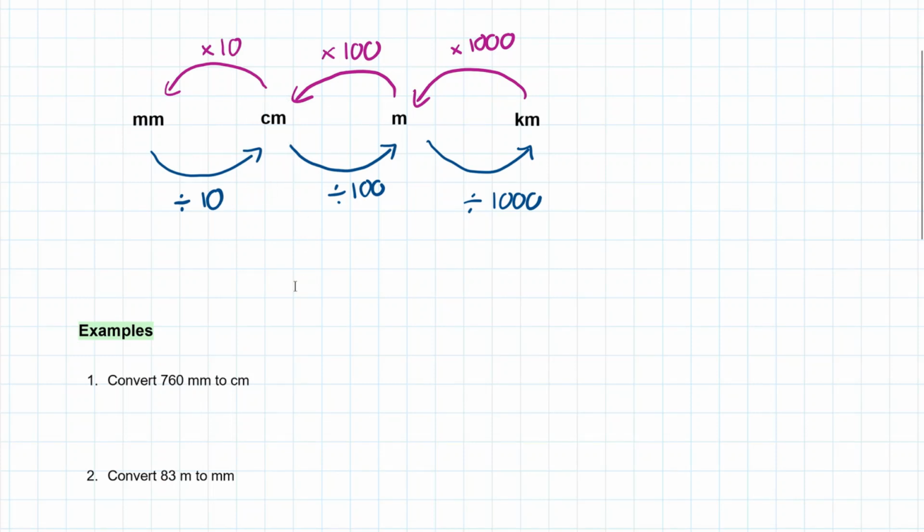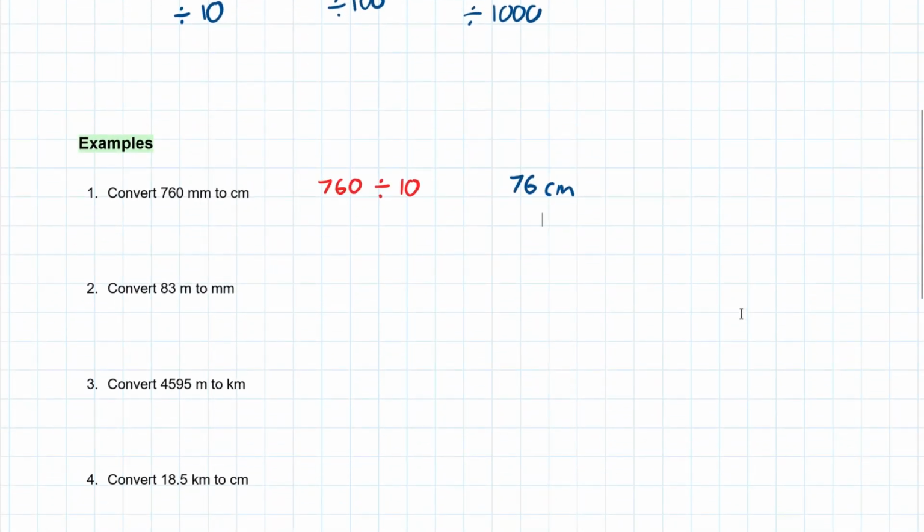So if you've got a calculator with you, you can do 760 divided by 10. And if we do that, we get an answer of 76. So 760 millimeters is 76 centimeters. Starting off pretty easy, going to get pretty hard towards the end.